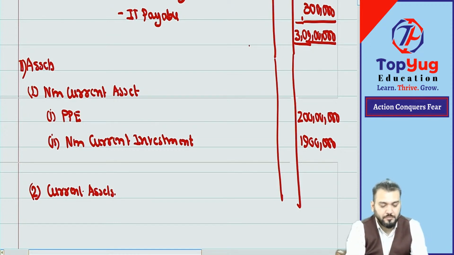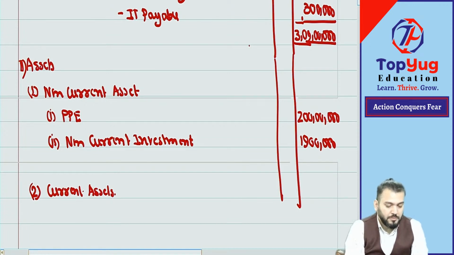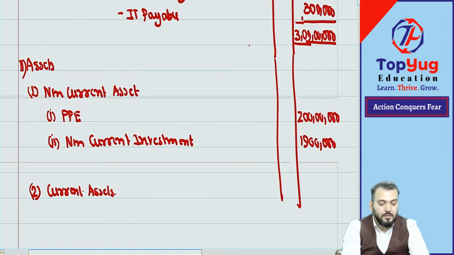Tell me, everyone. Current asset is reduced by how much?